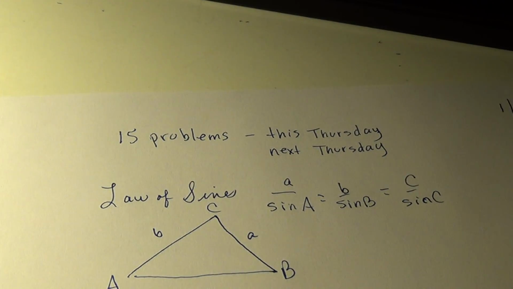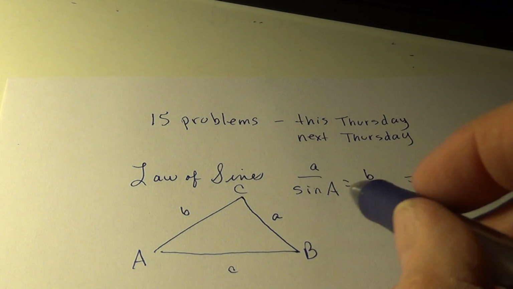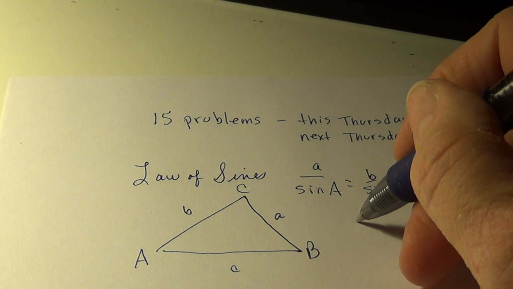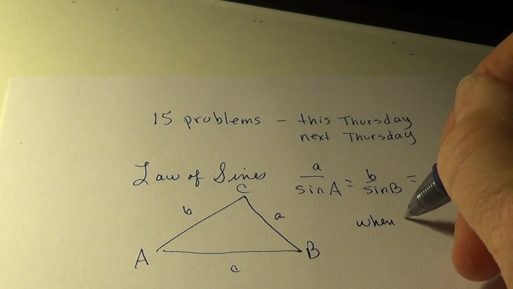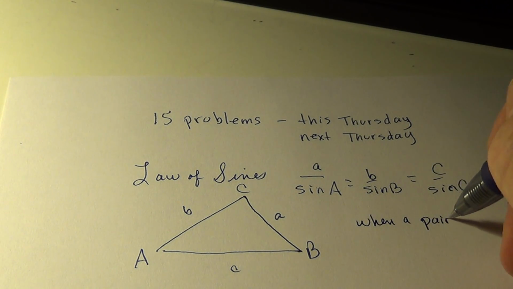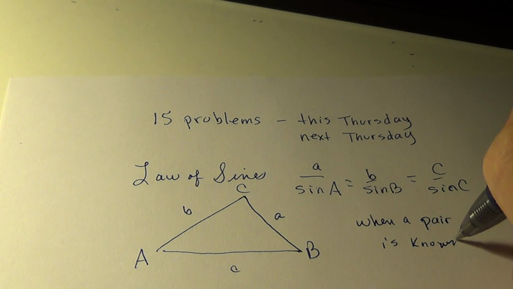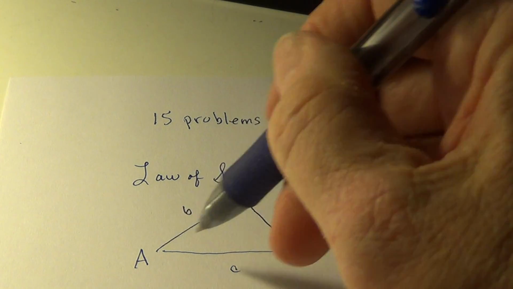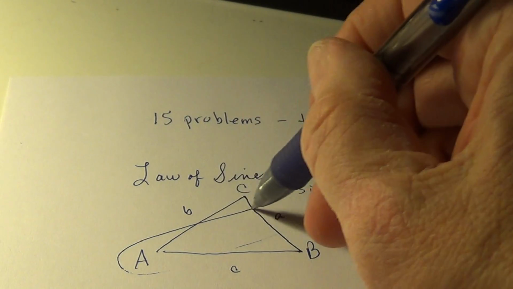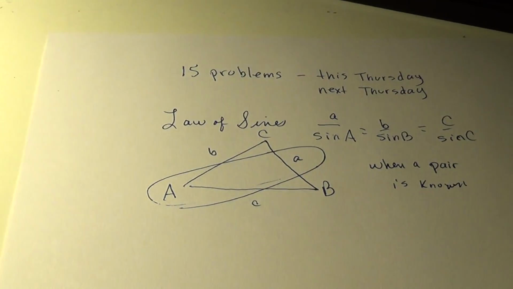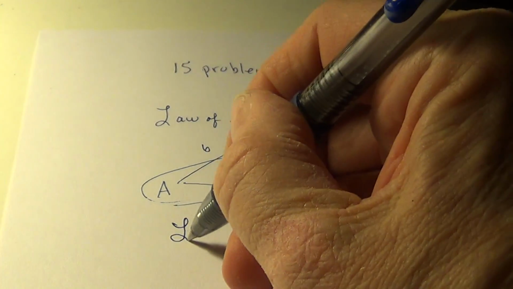When you set it up like that, then this law holds. So we only use this when we know a pair, and a pair is an angle and the opposite side. So, if you don't know a pair, then you're going to use the law of cosines.